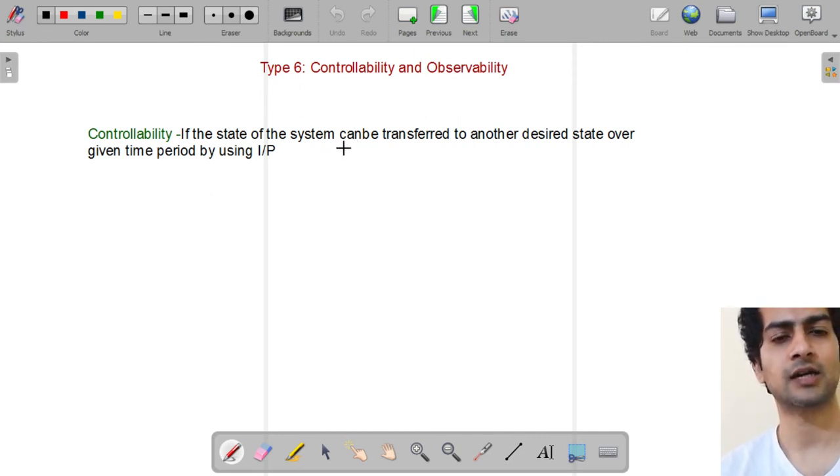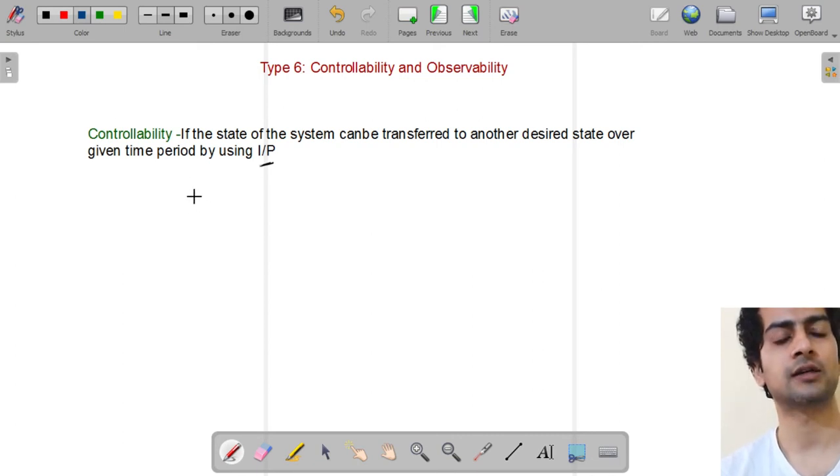So let's start with some basic definitions. Definitions are not important for you, but still we can look into them. First, what is controllability? If the state of a system can be transferred to another desired state over a given time period by using input, then it is said to be controllable.